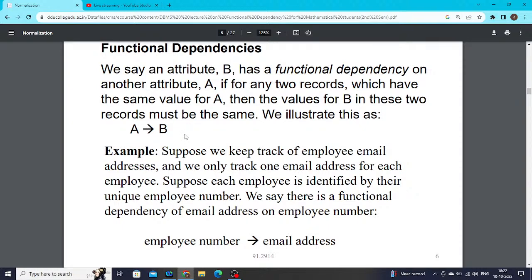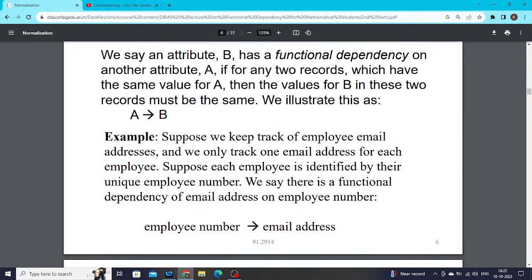Suppose we keep track of employee email addresses, and we only track one email address for each employee. Suppose each employee is identified by their unique employee number, so we say there is a functional dependency of email address on employee number.